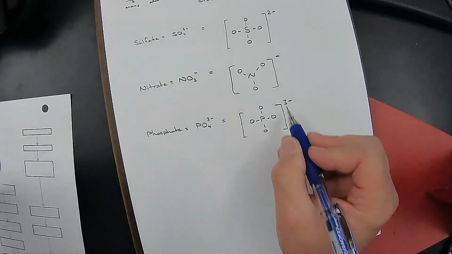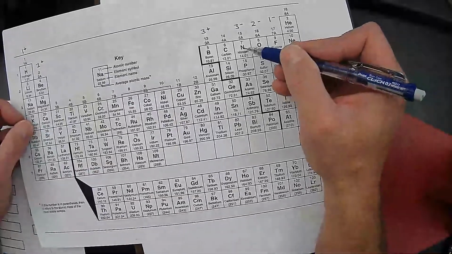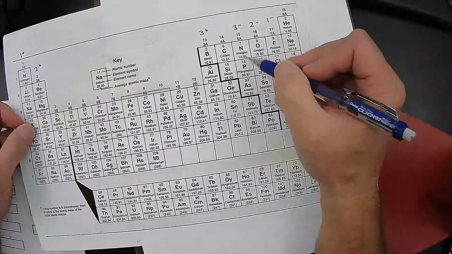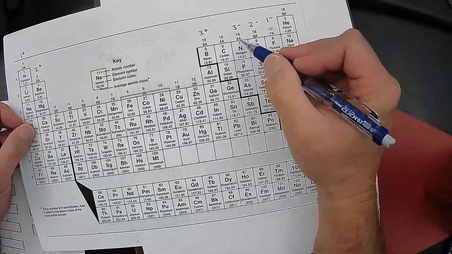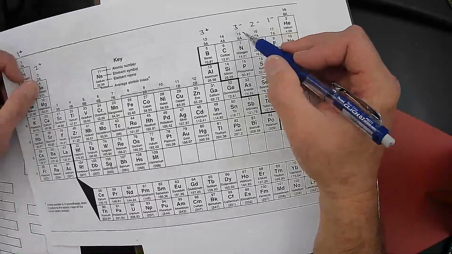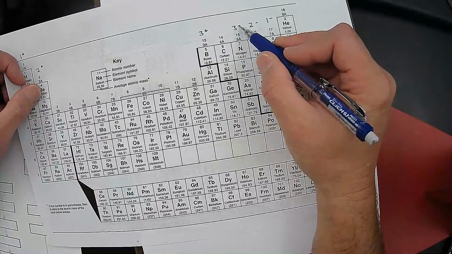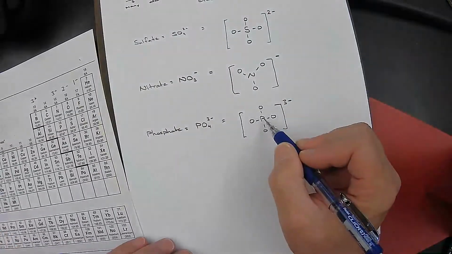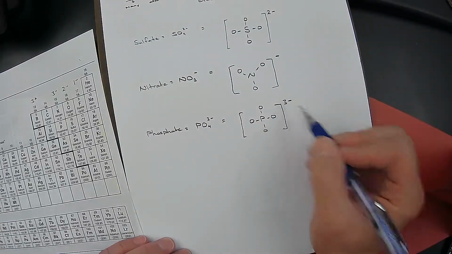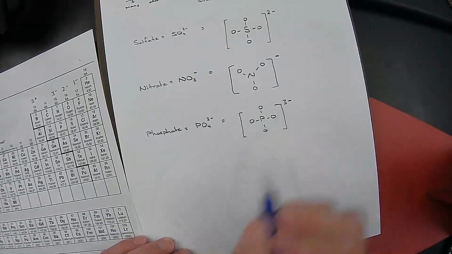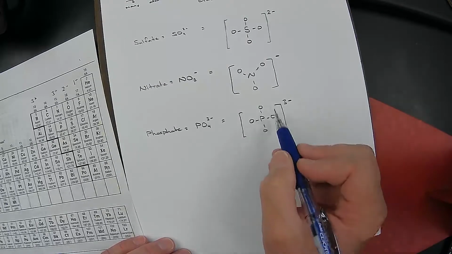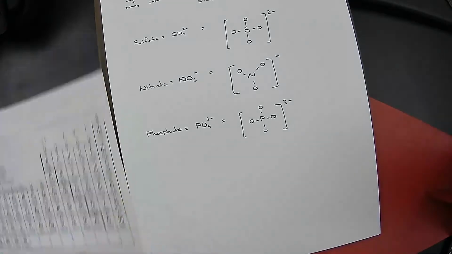This group of atoms behaves as a single element that would be in column 5A. Each one of these elements in column 5A has 5 outer electrons. They want to gain 3 electrons to fill up their outer energy level and become a 3 minus. This group of atoms, 1 P with 4 O's, behaves the same. It wants to gain 3 electrons to become a 3 minus charge, and we call that a phosphate.